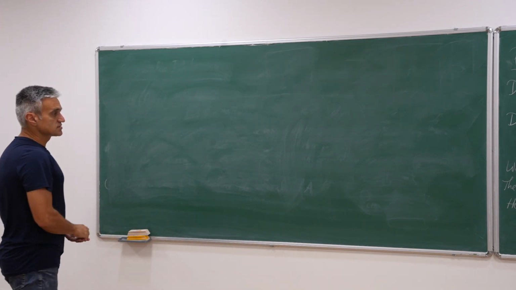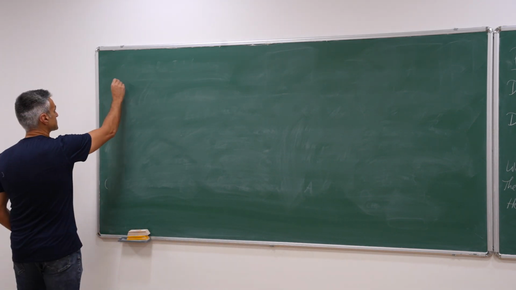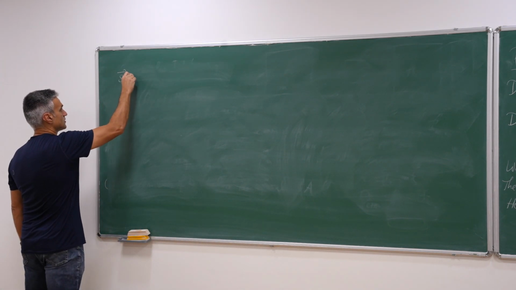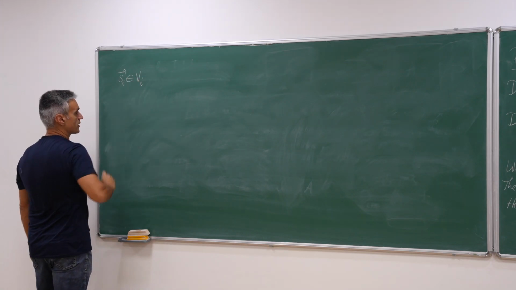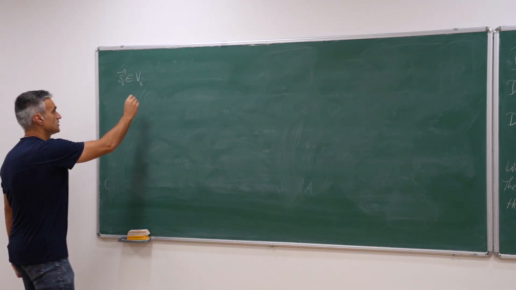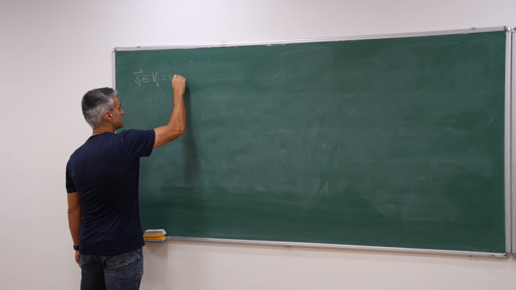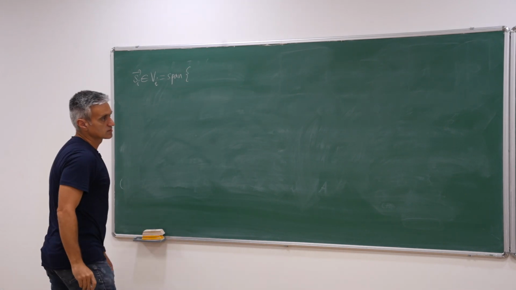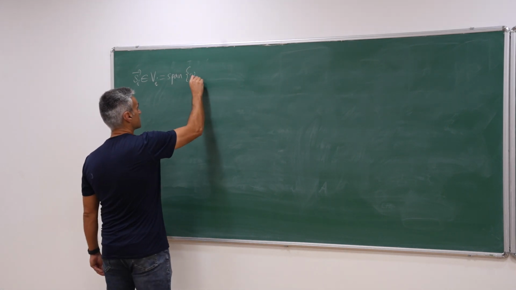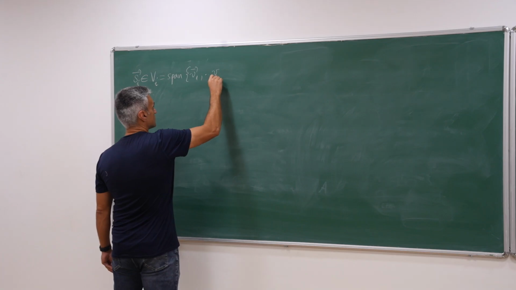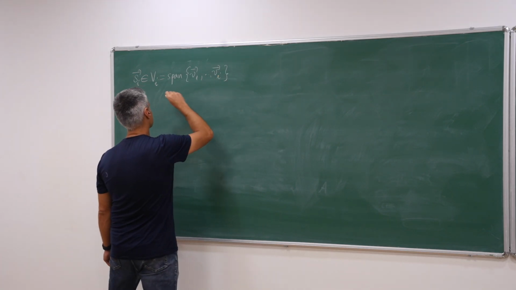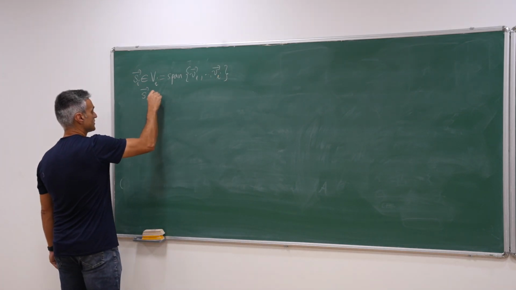Okay, first the easy part. So we have Si belongs to Vi. Vi was the span of the vectors V1, V2, Vi. So obviously also Si is not 0.